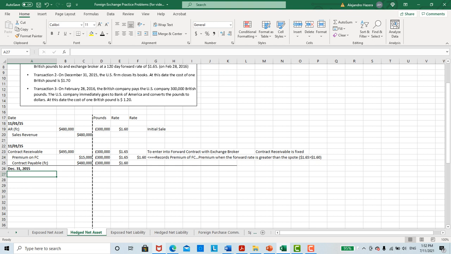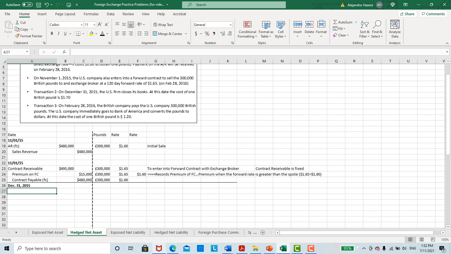The only thing that happens here is that you're going to record changes in the value of the account receivable, because the exchange rate, I'm sure, changed. We'll take a look at that. And you're also going to record changes in the contract payable value. And this is really the entry where you're going to see the impact of the hedge, because this is an asset. It's going to be offset by changes in the value of the liability.